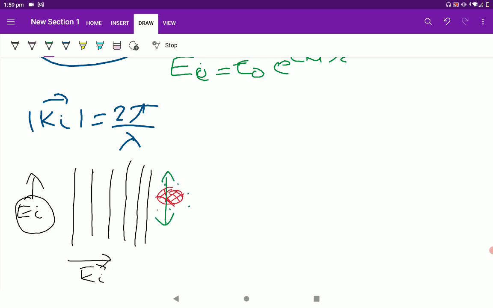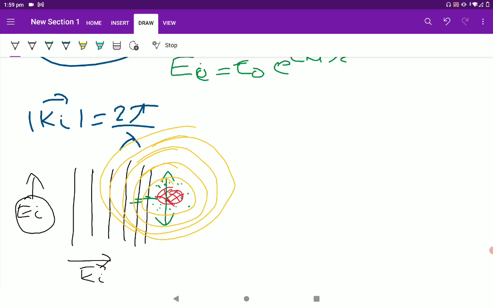So it will lead to an oscillating dipole, which generates the emission of waves in this fashion, spherical waves. The oscillating dipole results in spherical wave generation, and we know that when we go far from the oscillating dipole, the waves are almost spherical.